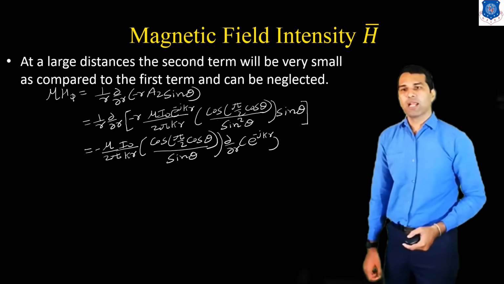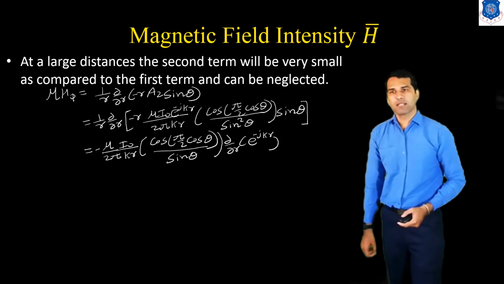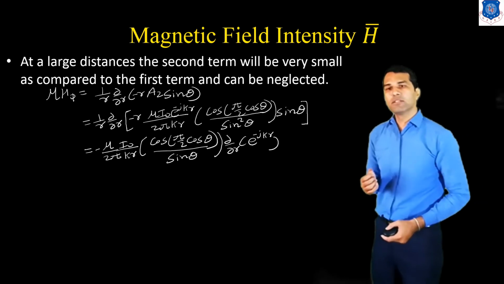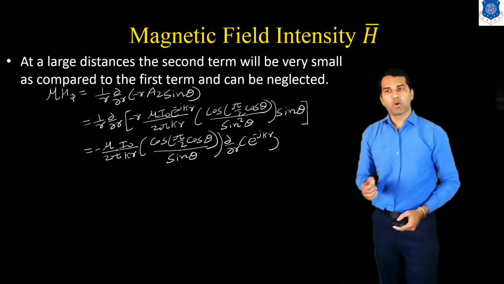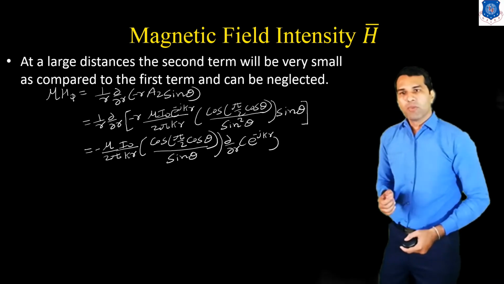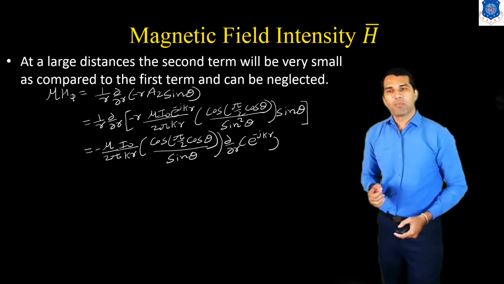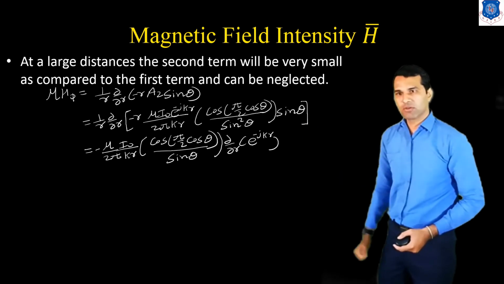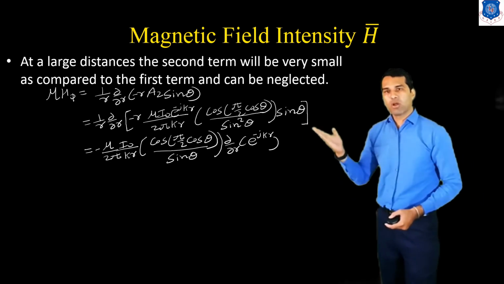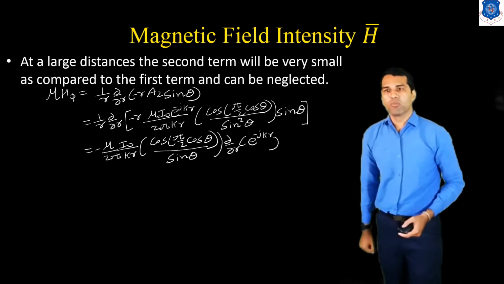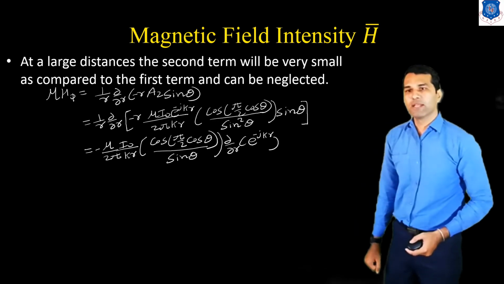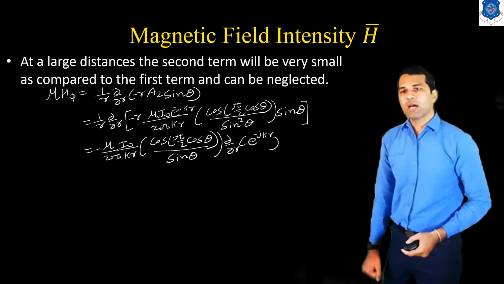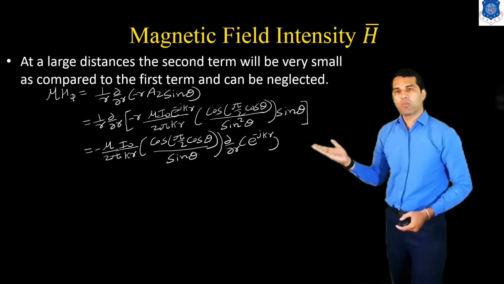So 1 upon r del by del r, and minus r is the same, and we have substituted the value of A_z: nu I0 e raised to minus j k r upon 2 pi k r, bracket cos of pi by 2 cos theta upon sin square theta, and sin theta is as it is. So we get this equation, and now we solve the derivative term. So minus nu upon 2 pi, I0 over k r, and cos of pi by 2 cos theta upon sin theta is a common term.